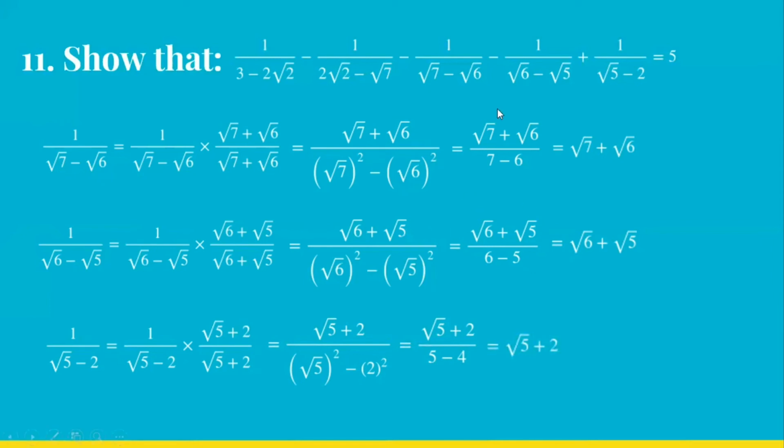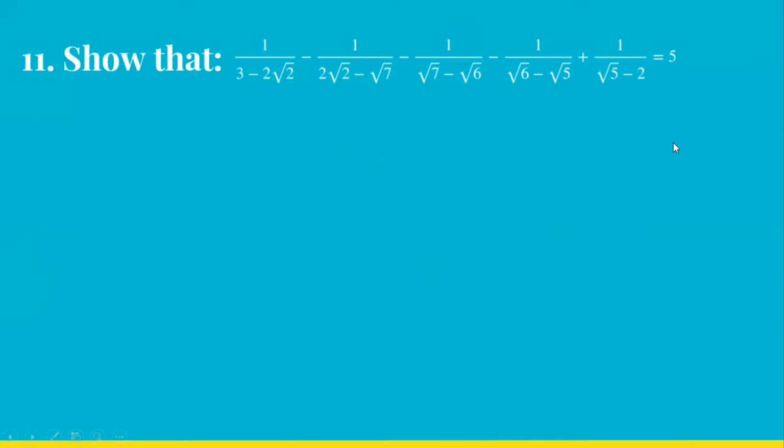Now that we have rationalized each of those terms, let us add them all. Put the values in. The rationalizing factor of this, we got as 3 plus 2 root 2, and of this, when we simplified, we got 2 root 2 plus root 7, right?